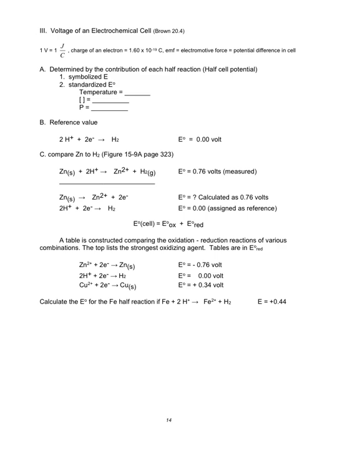So, as you can see here, we're going to be working with E naughts, which are standard cell potentials. And again, as we've said before, the temperature is going to be 298 Kelvin, the concentration will be 1 molar solutions, and the pressure will be 1 atmosphere.